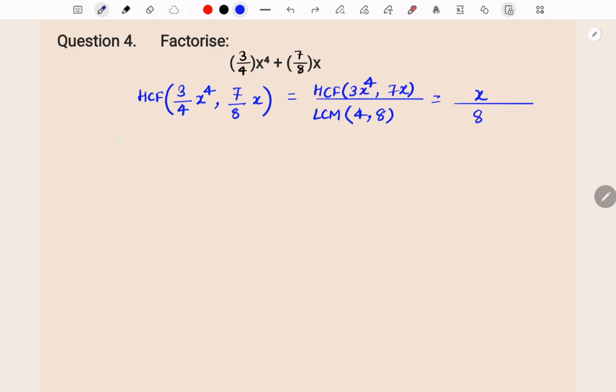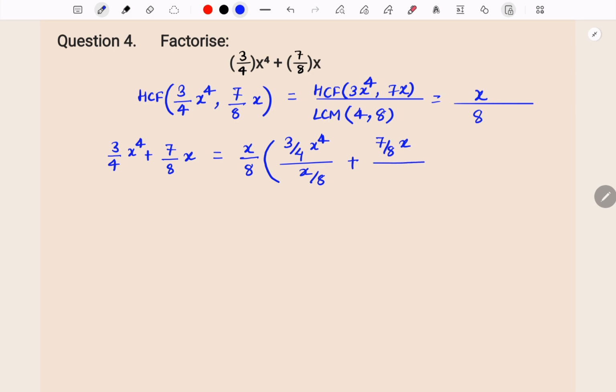Now let's factorize. Here we have 3/4 x^4 + 7/8 x. Okay, so we will factor out the HCF, that is x/8, and now I need to divide every term of the expression with the HCF. So here I will write x/8 plus 7/8 x over 8.